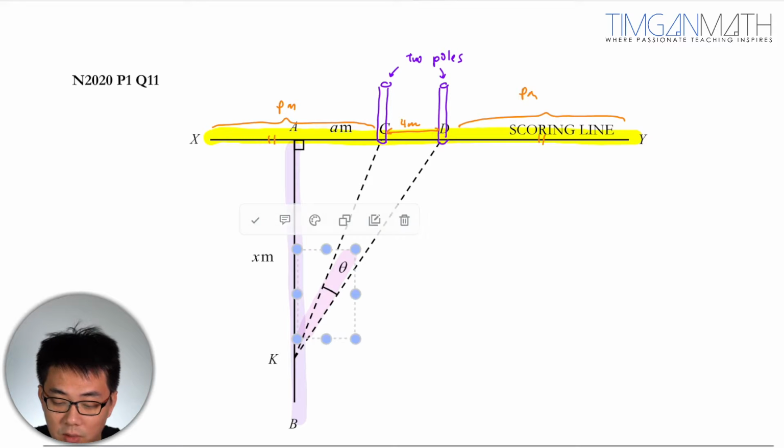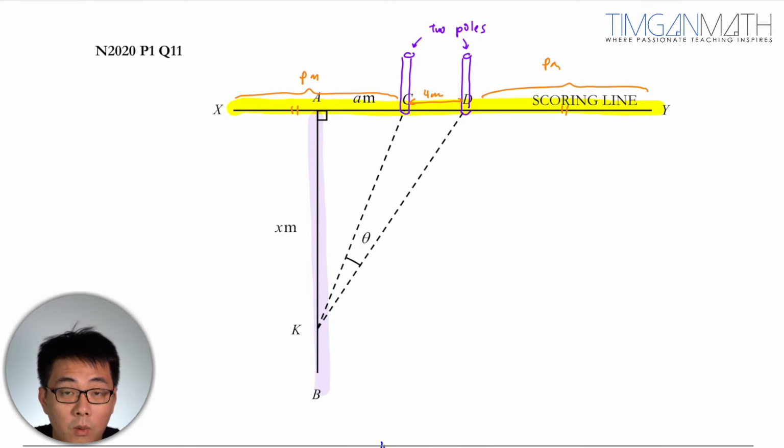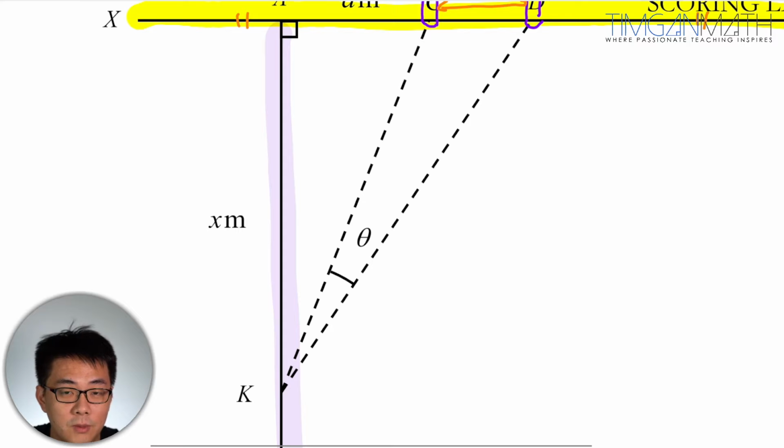So what are the right angle triangles involved here? Which is here and here. These are the two right angle triangles. One telltale sign is the right angle triangles, the other telltale sign is the difference between the angles.